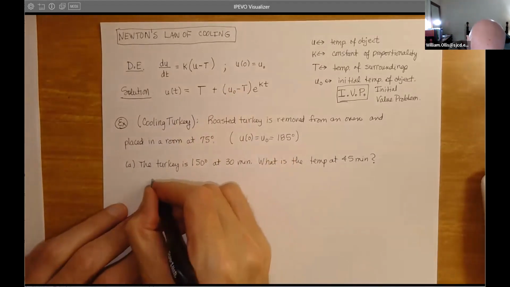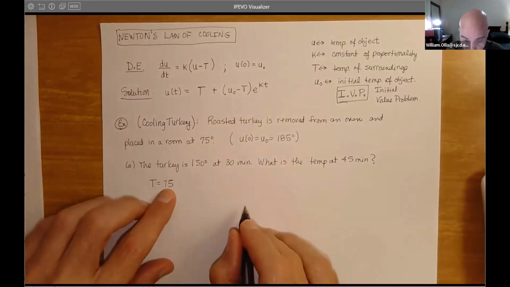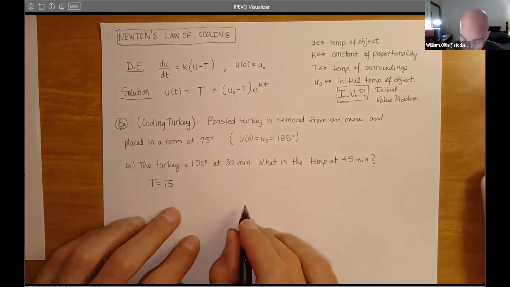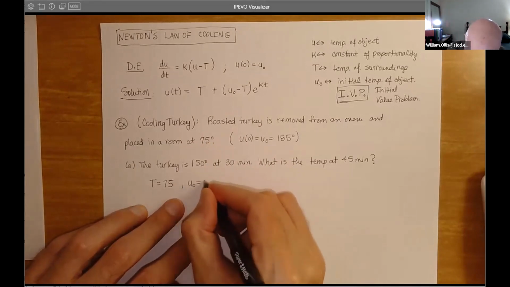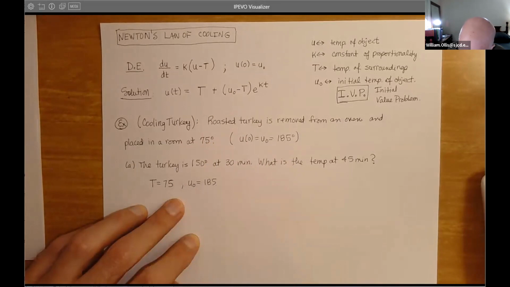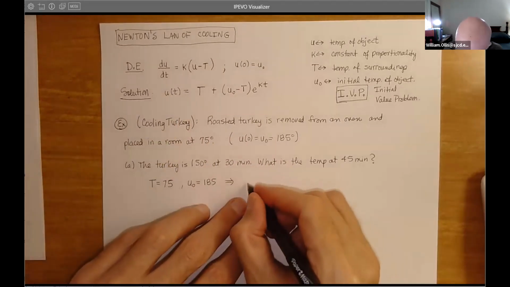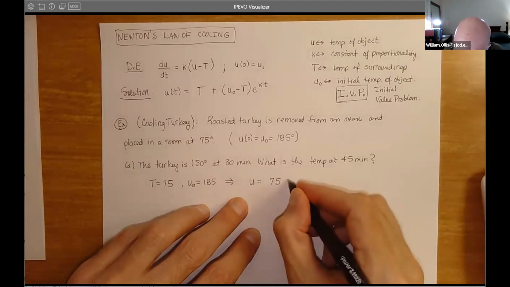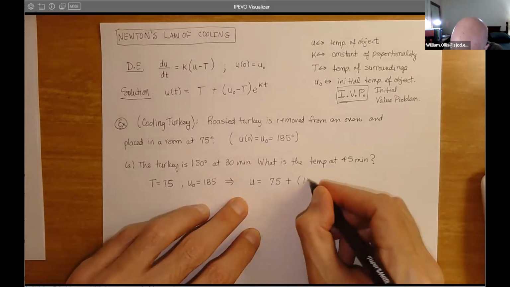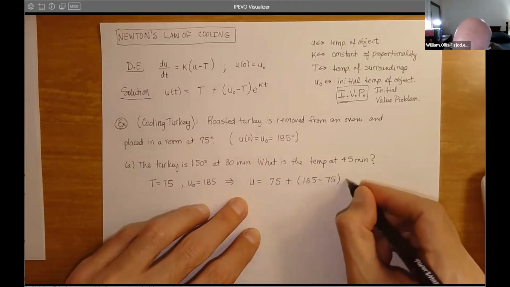So now we have T equals 75. We'll just put the numbers without the units, so to speak. And we've got U sub 0 equals 185. So this implies, if we use our solution curve, U equals 75 plus 185 minus 75 times e to the k.